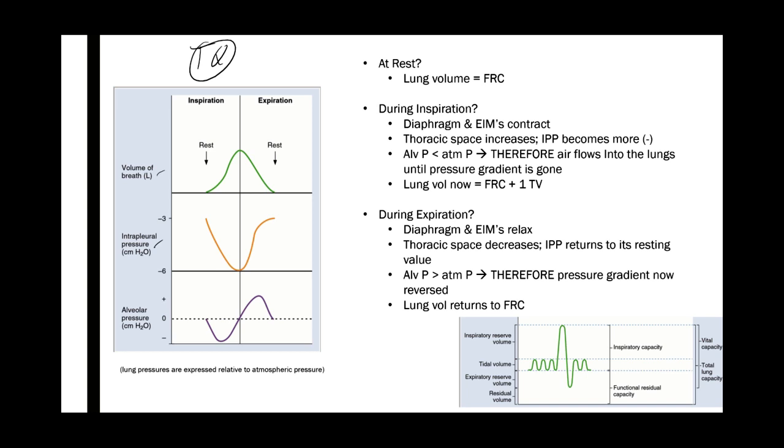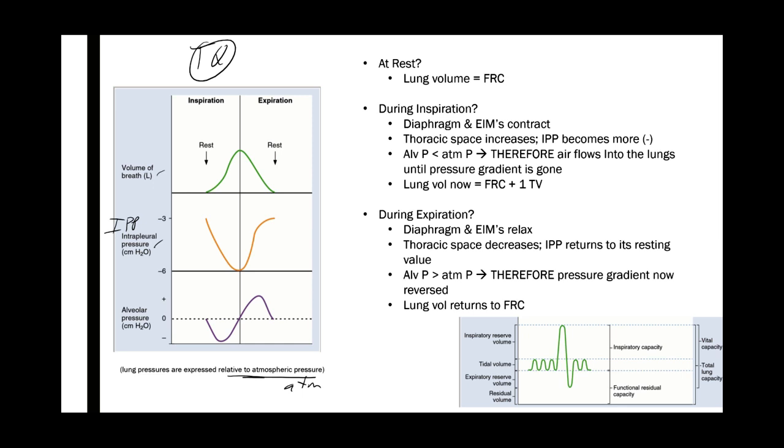Intrapleural pressure, IPP. And down the bottom is alveolar pressure, so the pressure inside the actual alveoli. This is important: it is expressed relative to atmospheric pressure.